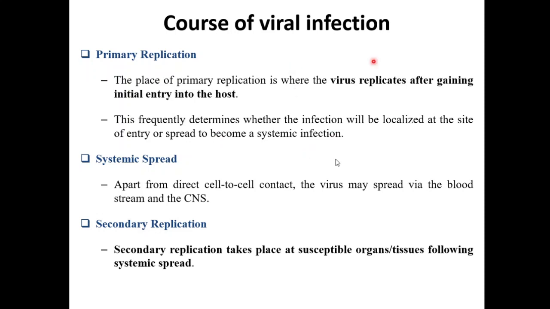So when this replication takes place in a way that is uncontrolled, the viruses will be able to escape the area and gain the systemic, the bloodstream mostly, and it will gain the other sites. It will spread via the blood to all other sites or other tissue, including the central nervous system.